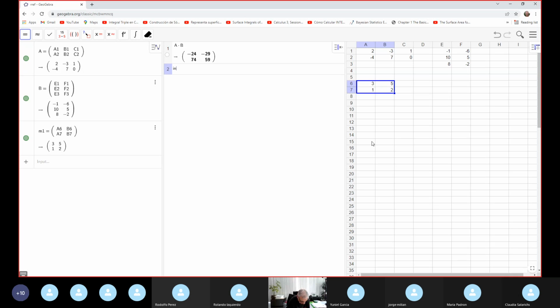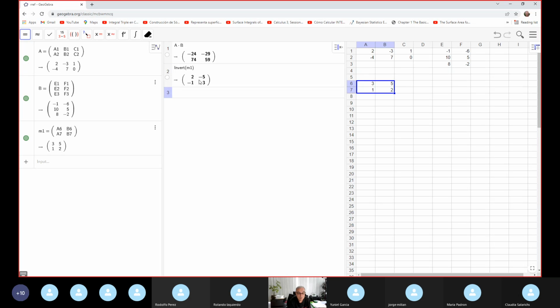It's Invert like that. A little bit weird. Not inverse, Invert. Invert what? Matrix. What matrix? M1. And this is the answer: 2, -5, -1, and 3. Exactly what we did by hand. Yes or no?